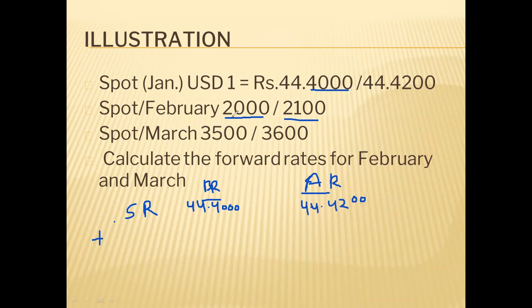Swap points are given for February. So here for the spot rate you check after the point, four digits are there. So what you should do is write 00.2000. You should make it in the same order so that you can add it.